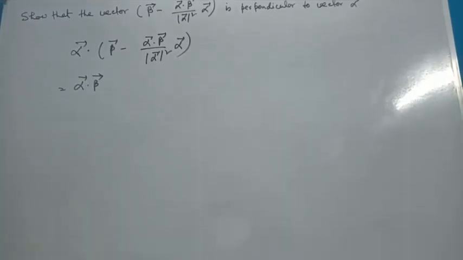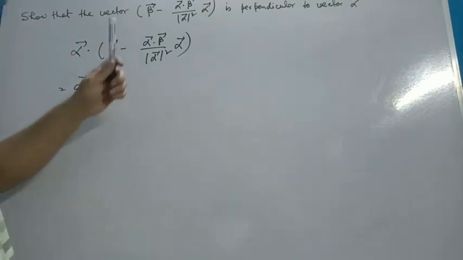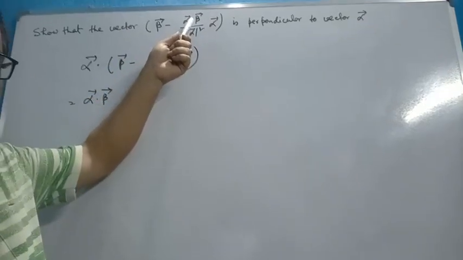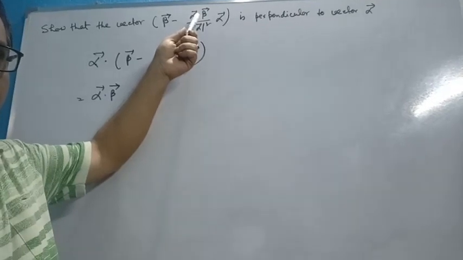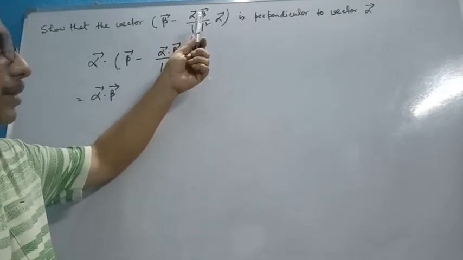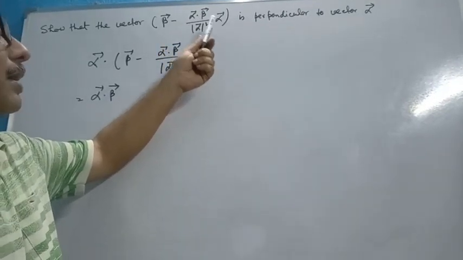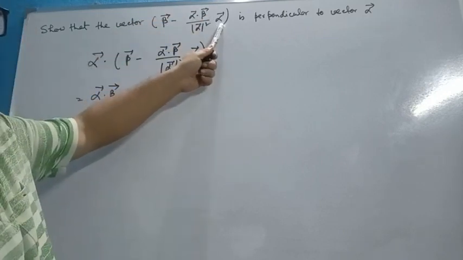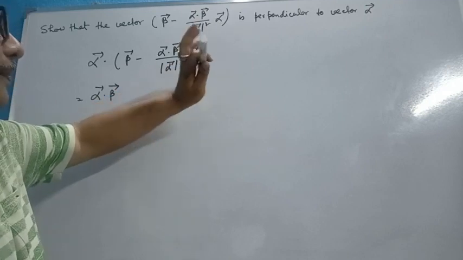The vector beta minus alpha dot beta by mod alpha square times alpha is perpendicular to the vector alpha. Alpha dot beta is nothing but a scalar quantity, and mod alpha square is also a scalar quantity, so this is some scalar quantity times alpha.